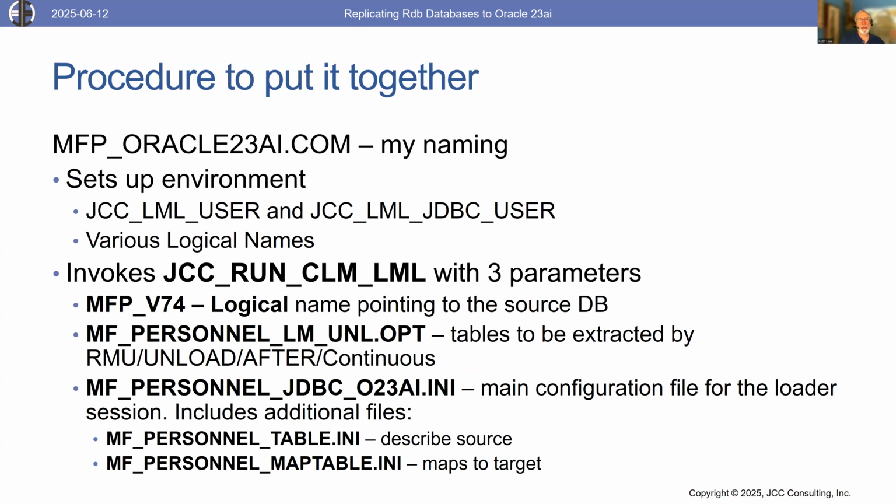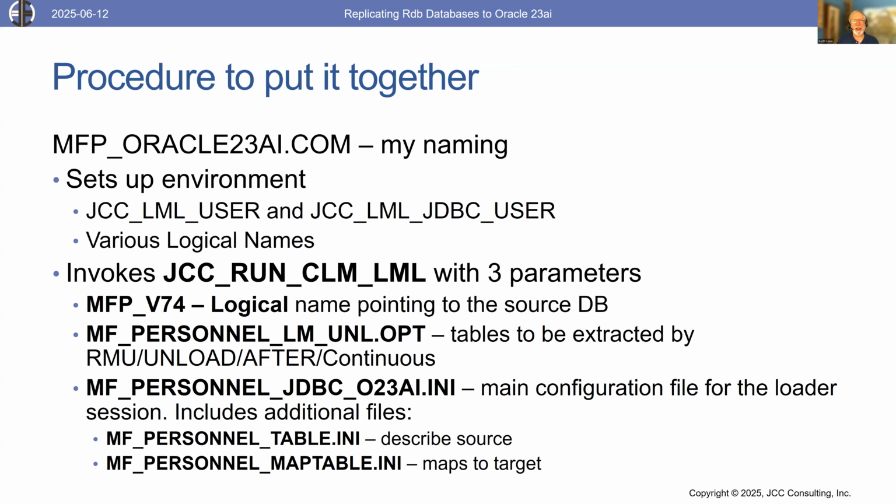Okay, so we have an options file, we have a source database, a target database. We need a command procedure to put everything together. And in this case, I'm going to call the command procedure mfp_oracle23ai.com. This is my naming.